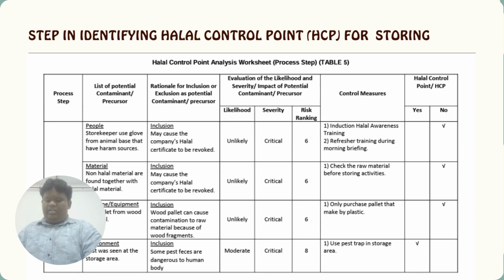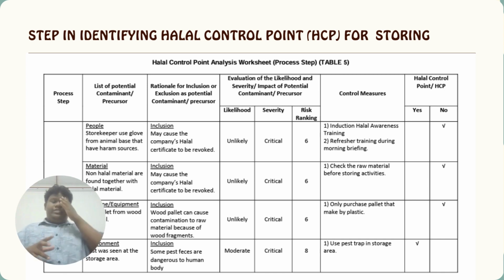Next, the evaluation of the likelihood and severity impact of each potential contaminant. For the likelihood, for the people it is unlikely. For the material, it is unlikely too, but for the environment it is moderate. The severity ranking for all four is critical, but the risk ranking for the environment is eight.